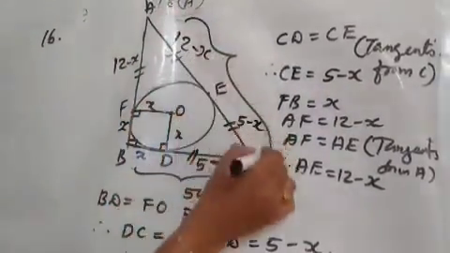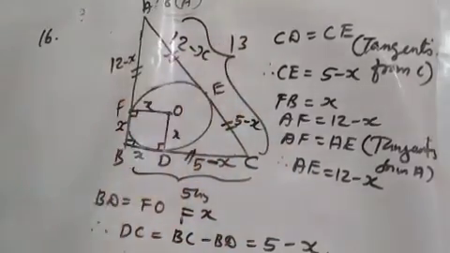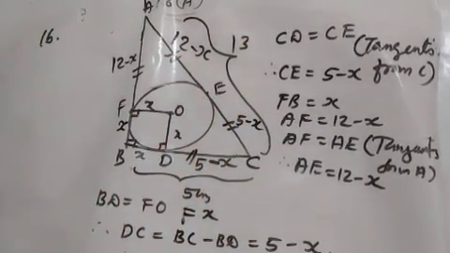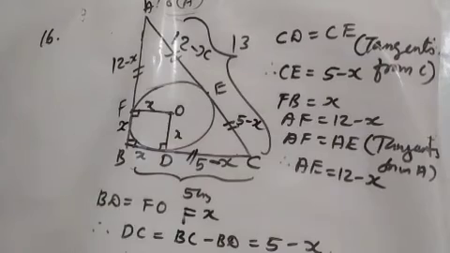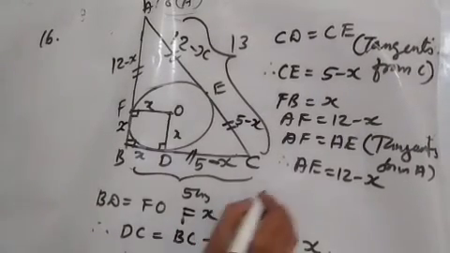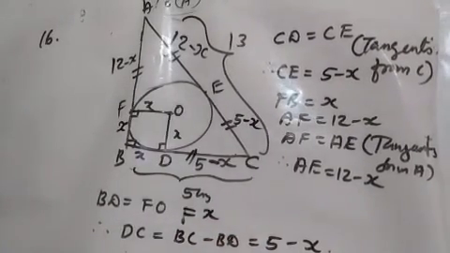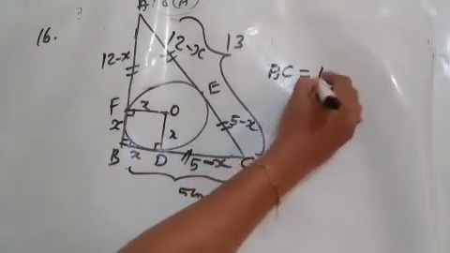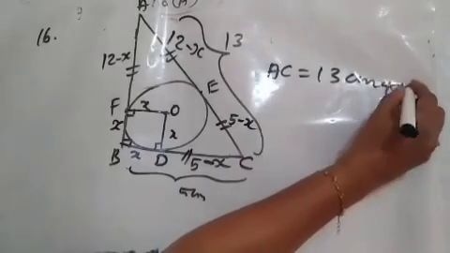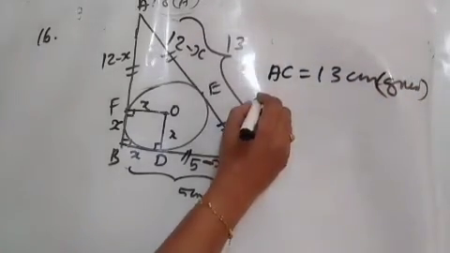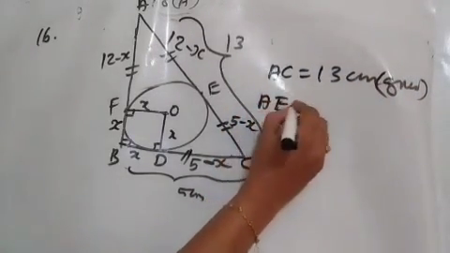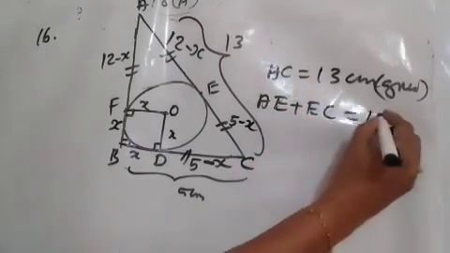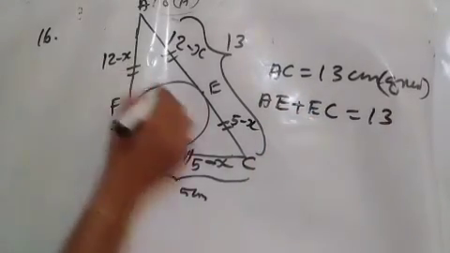But we know the total length of AC is 13 centimeters. So we can use that sum to get the value of x. Let us solve this. AC is 13 centimeters, given in the question. AC means the sum of AE and EC. That is 13. What is the length AE?